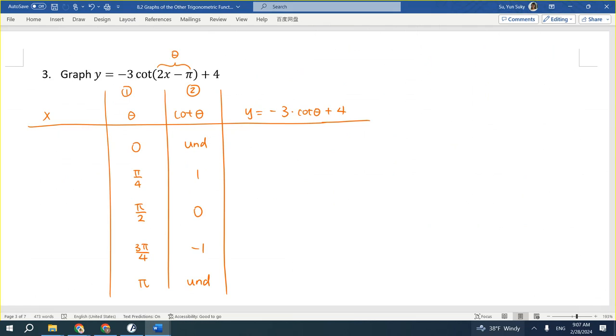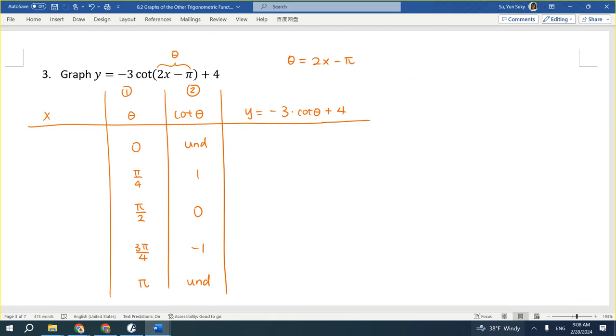So these 2 columns are fixed when you have a cotangent function in your problem. Those 2 columns are always the same, and then it depends on how your function changes. Your x might be different, your y might be different. So how do we find x? We know the angle theta is 2x minus pi.